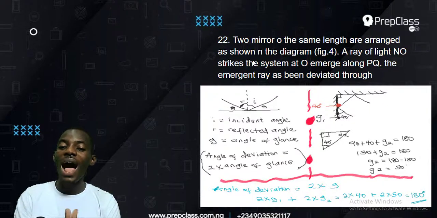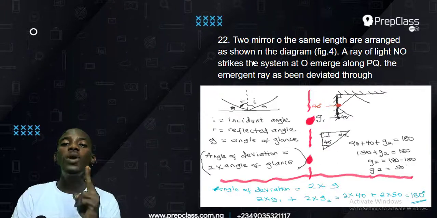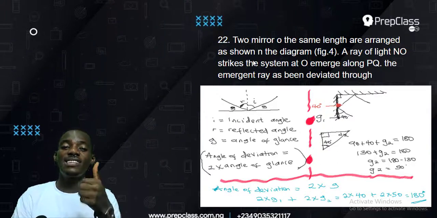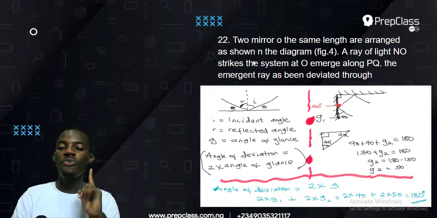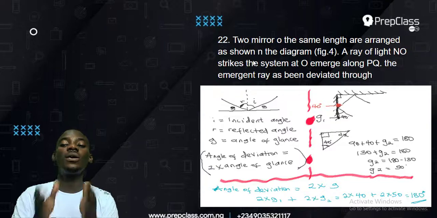So the angle of deviation is, for each angle of glance, double of the angle of glance. So we have 2 times the first angle of glance plus 2 times the second angle of glance, giving me 2 times 40 plus 2 times 50, which is 180 as the total angle of deviation of that shape.